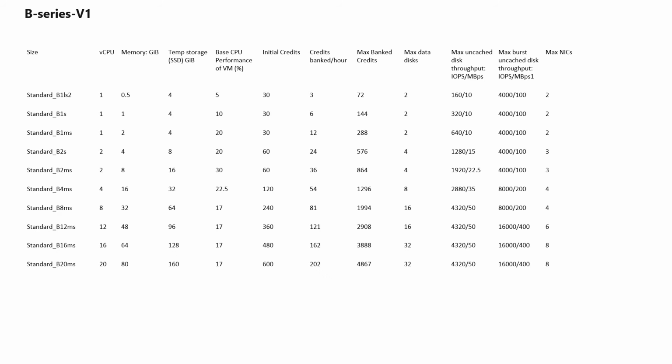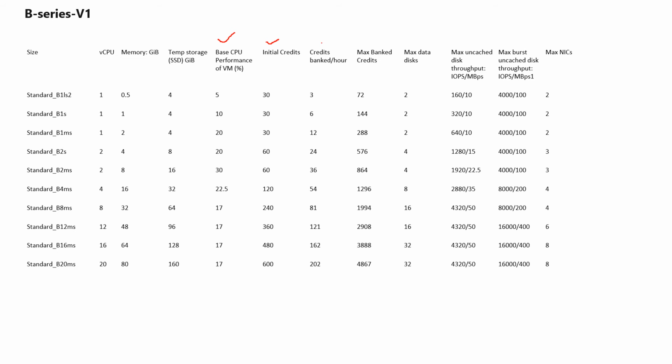Let's take a look at some of the parameters when you are provisioning B series v1. The first thing to start with is the base CPU performance. This is the minimum CPU performance threshold a VM will have available at all times. The second thing is the initial credit, the number of credits allocated to the B series virtual machine when the VM is deployed.